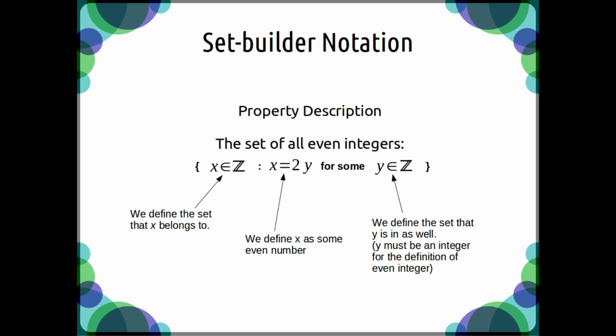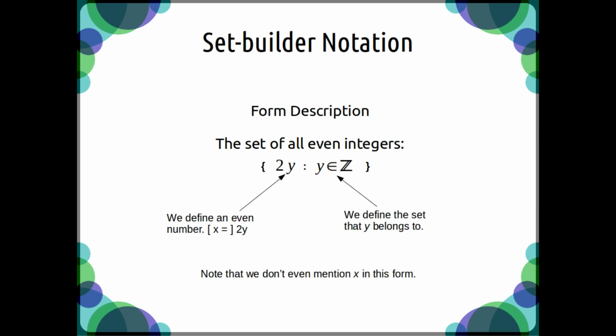X is equal to 2 times some other integer. Now we also have to say that y is an integer in this set builder notation, so we also have to say for some y in the set of Z. So we're explicitly defining that x is an integer and y is an integer, and that x is some even integer because it is 2 times some other integer.